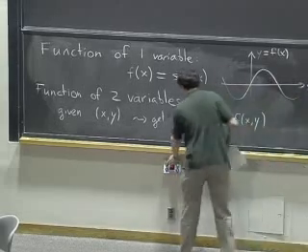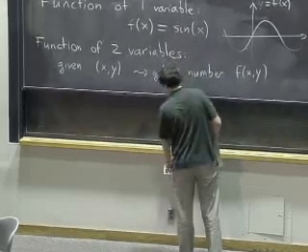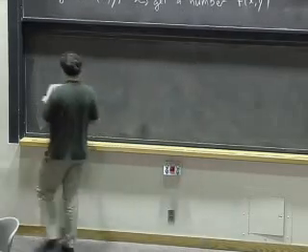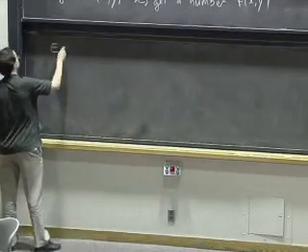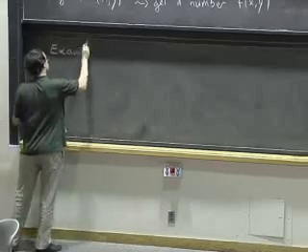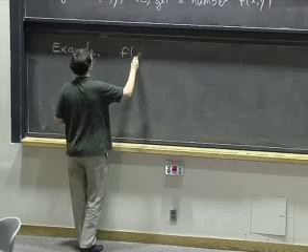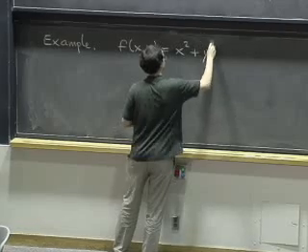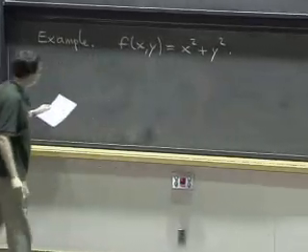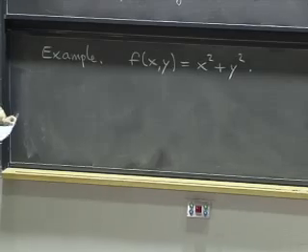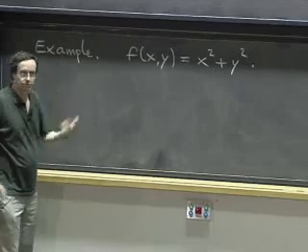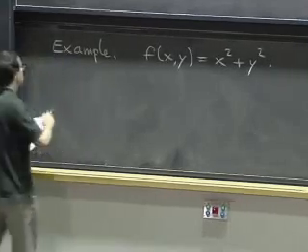So for example, I can give you the function f of x y equals x squared plus y squared. And of course, as with functions of one variable, we don't need things to be defined everywhere. Sometimes there's a domain of definition.